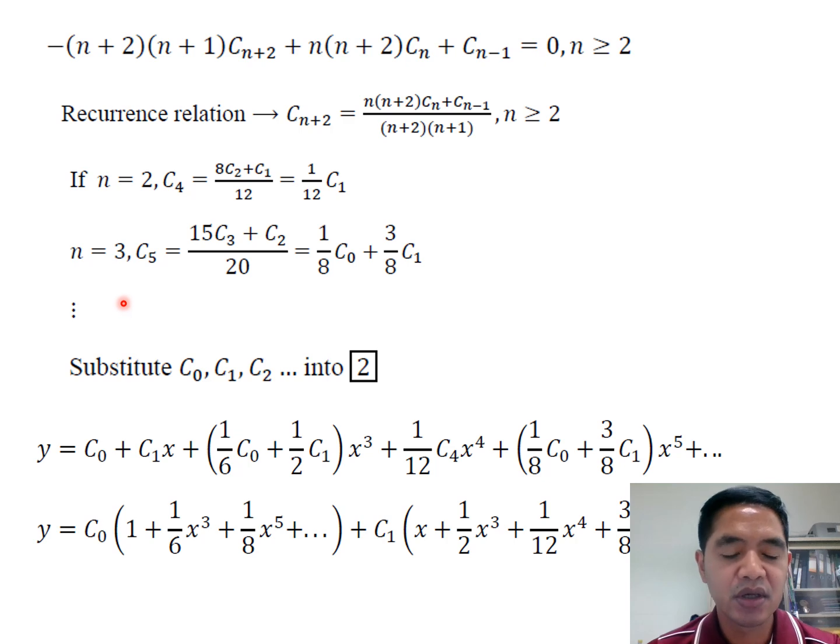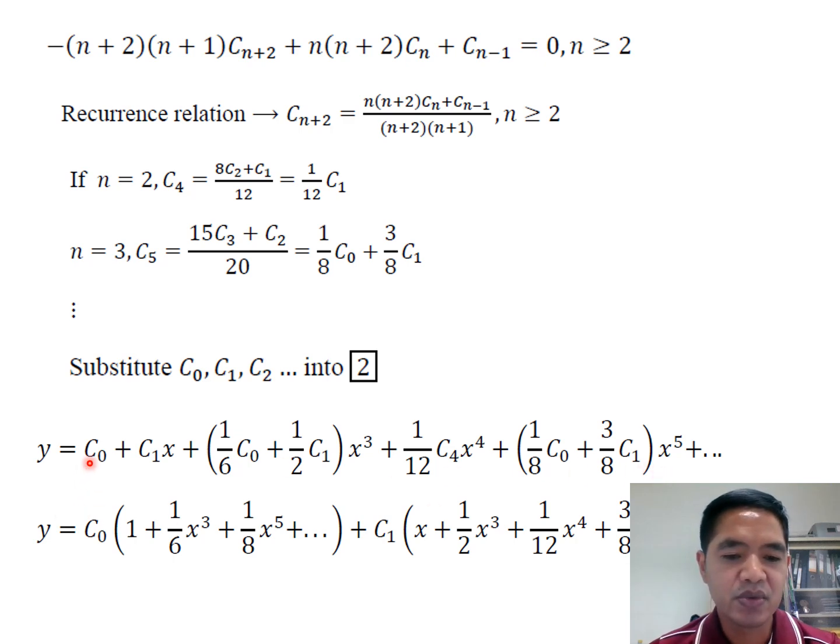So now we know the values of c0, c1, c2, c3, c4, c5 until infinity. In this case, we just show c0, c1, and c2, which is more than enough.